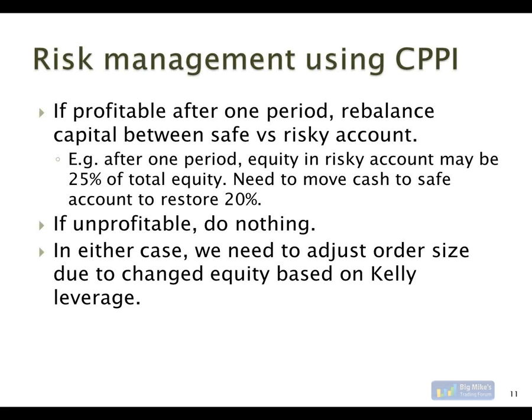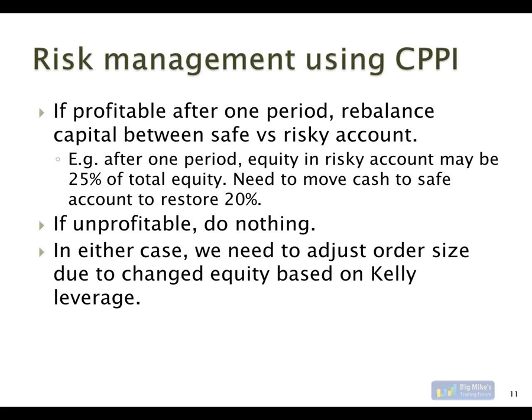Okay, so the only reason why I introduced CPPI as a modification of the Kelly formula is because in practice, if you are just one single guy trading your own account, with nobody looking over your shoulder, forget about CPPI. You can take a 90% drawdown. Nobody will bother you if you have a 90% drawdown.